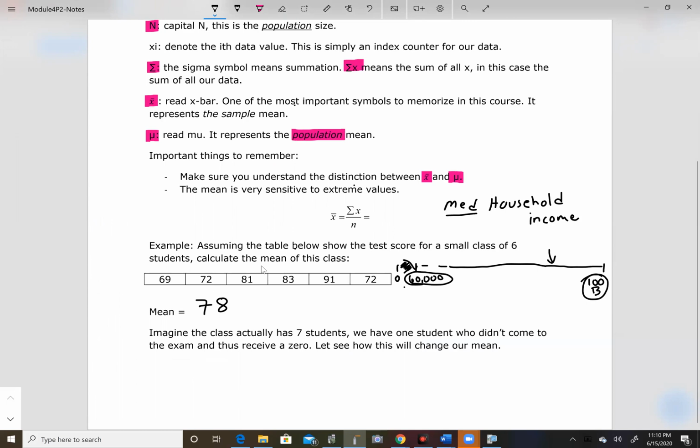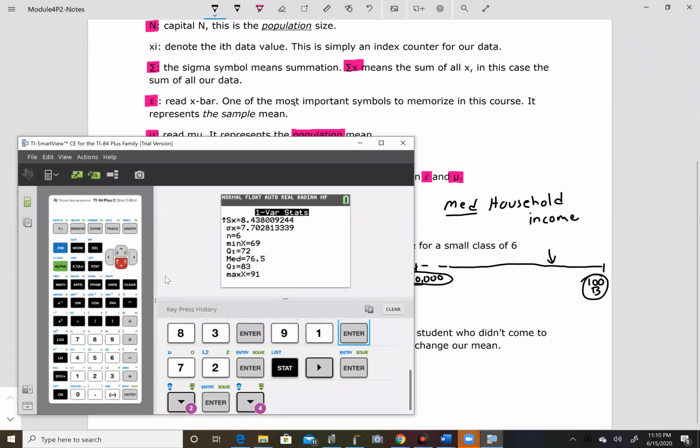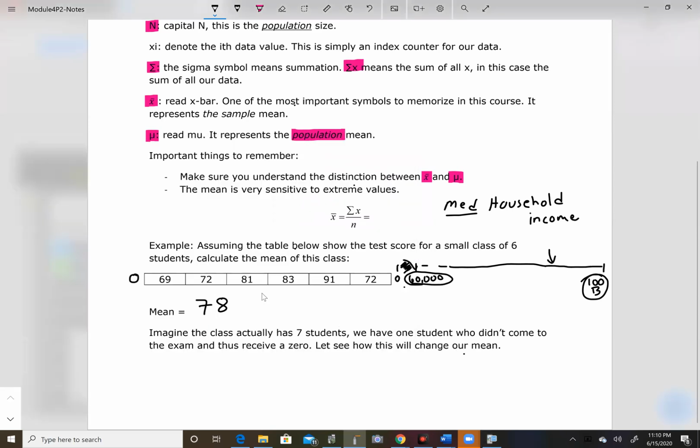Okay, so it says now actually imagine we have 7 students, but we have 1 student that didn't take the exam, so they got a 0, right? So how will that change the score? So let's go back and look. When we added all of these numbers up, it was 468, okay? So when we took 468 and we divided it by 6, we got 78.